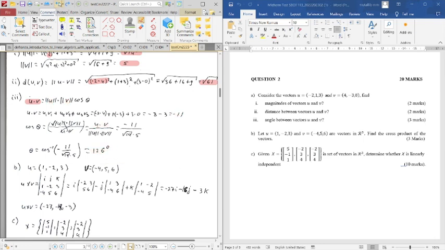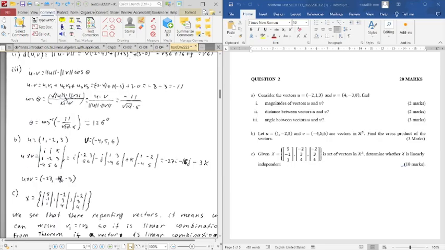So this is done for question A, and for question B we are given vector u and vector v in R3, and we need to find the cross product of the vectors. There are several ways, but the easiest way is to do it as the determinant of a 3 by 3 matrix.